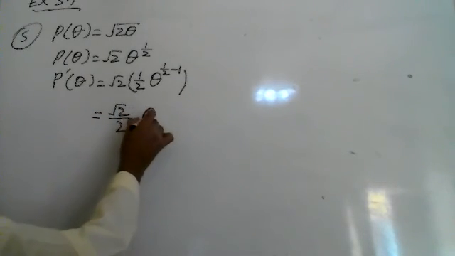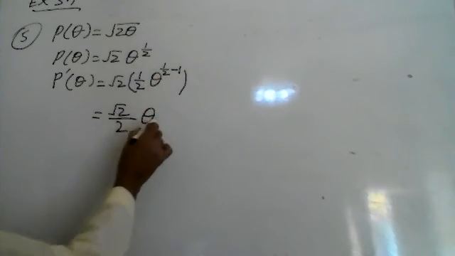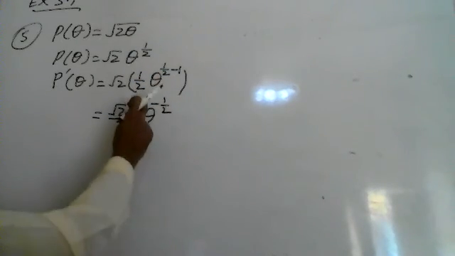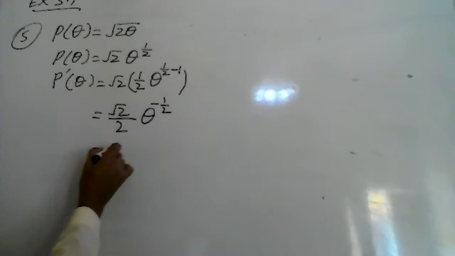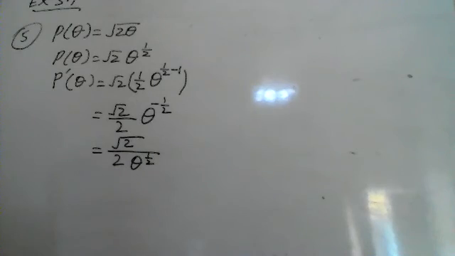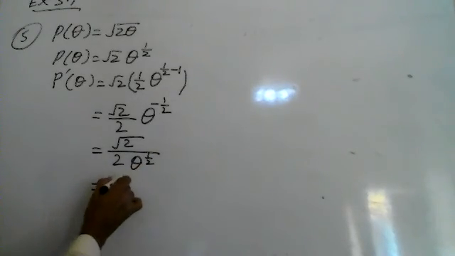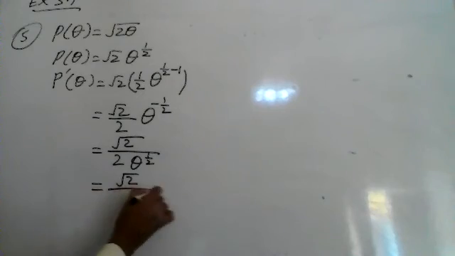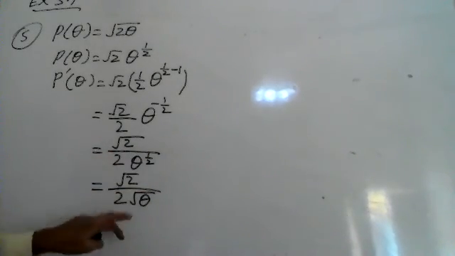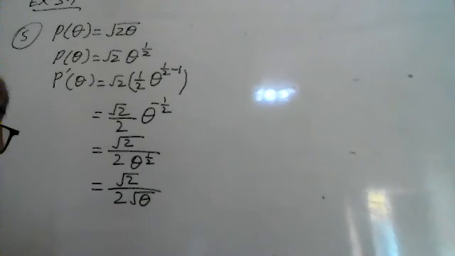And theta raised to power 1 over 2 minus 1 will be minus 1 over 2. Minus 1 over 2 may be shifted down: under root 2 upon 2 theta raised to power 1 over 2. And theta raised to power 1 over 2 can be written in the root form, 2 under root theta.